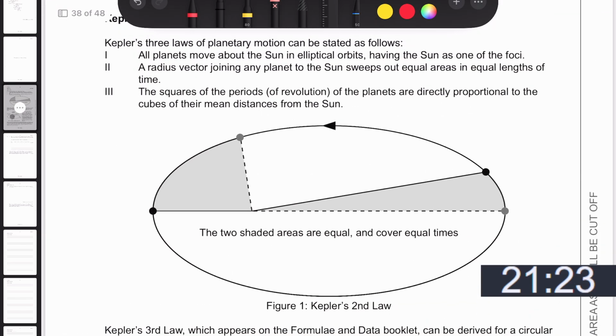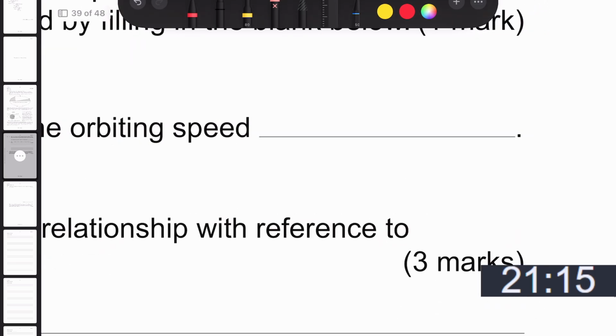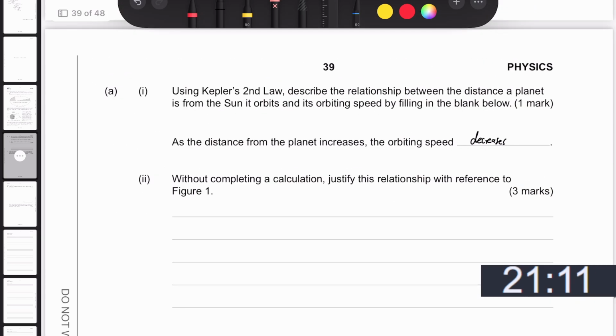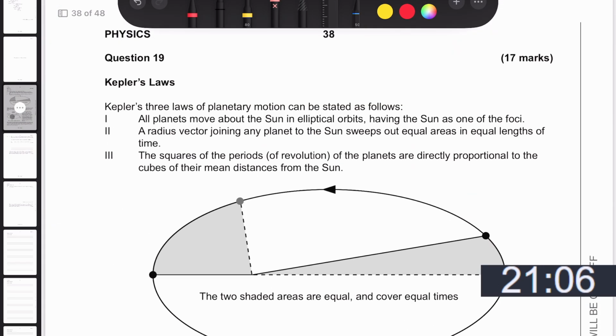A radius vector joining it sweeps out equal areas in equal lengths of time. Orbiting speed decreases. Justify this relationship with reference to Figure 1.